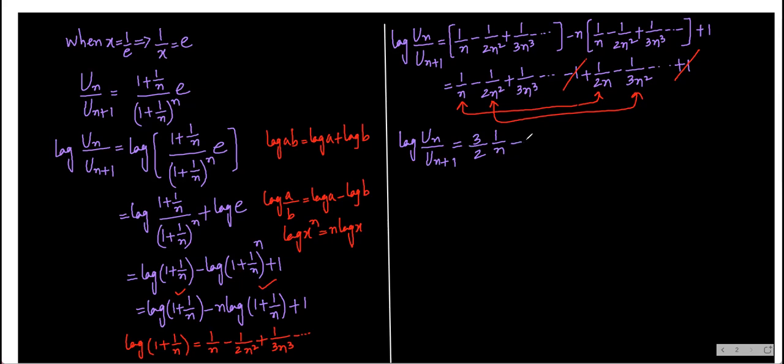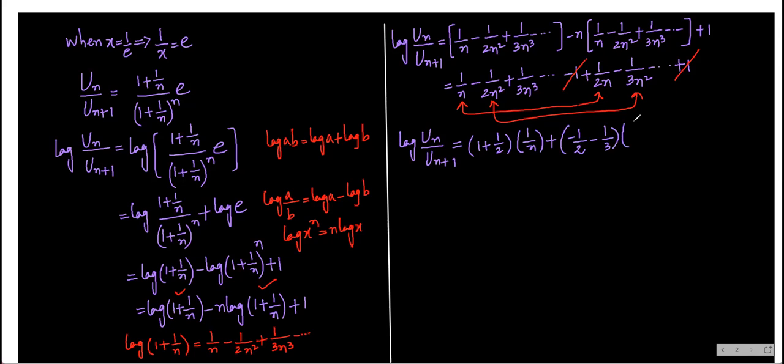We'll do one step in detail so you should not have any confusion. If I am taking 1 by n common, similarly taking 1 by n square common, we get minus 1 by 2 minus 1 by 3.